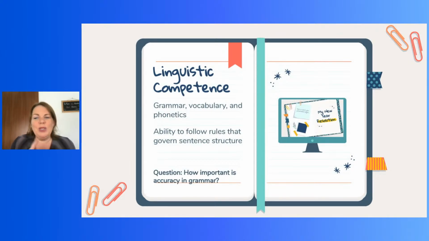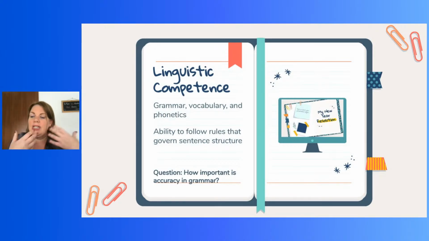Now, that doesn't mean we don't correct anything or we just let everything go in complete anarchy, grammatical anarchy. No, that's not the case either, right? But we have to find a happy medium, like we say in English, some kind of balance between focusing on grammatical correctness and being able to understand messages, right?